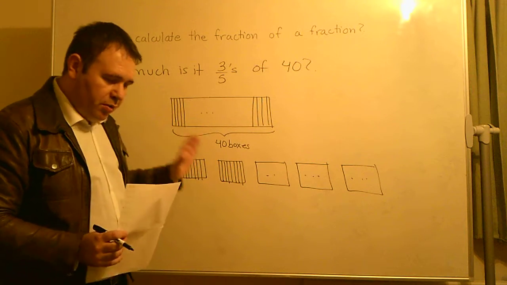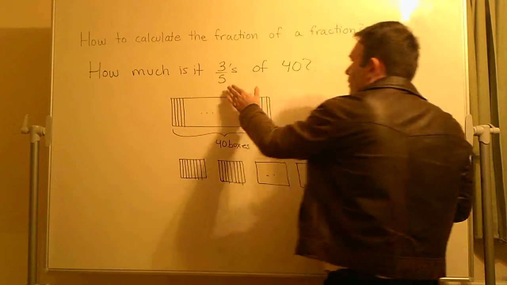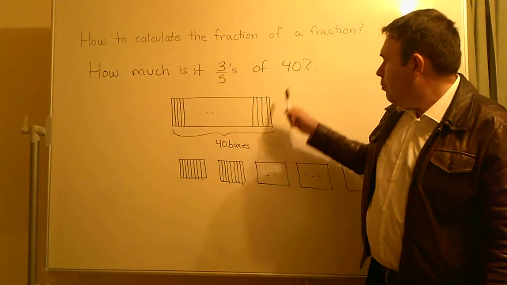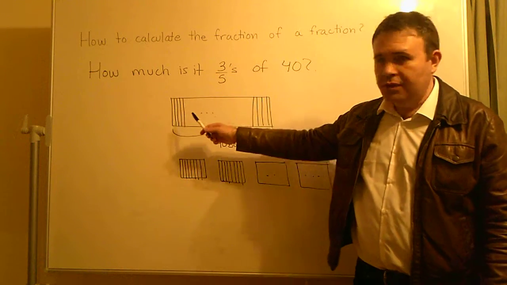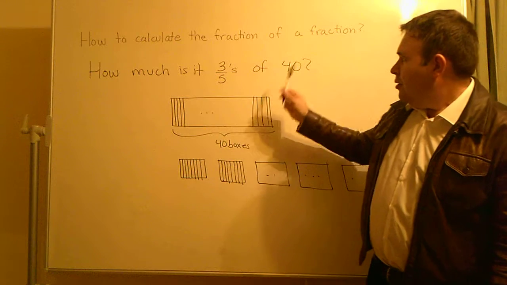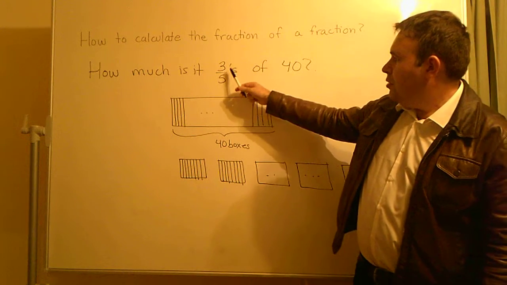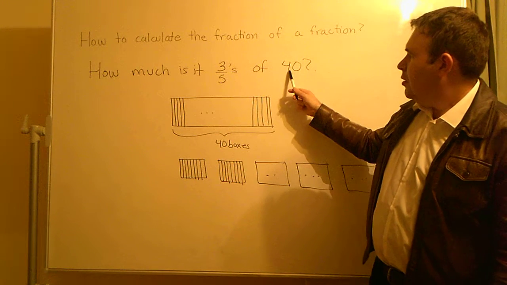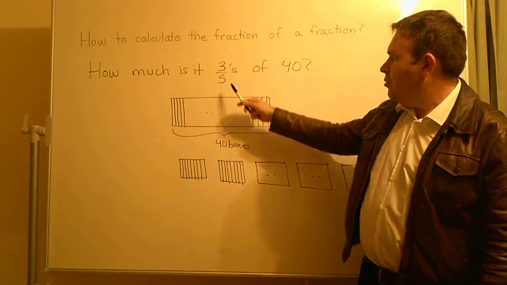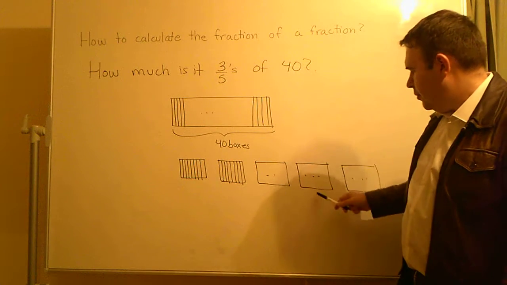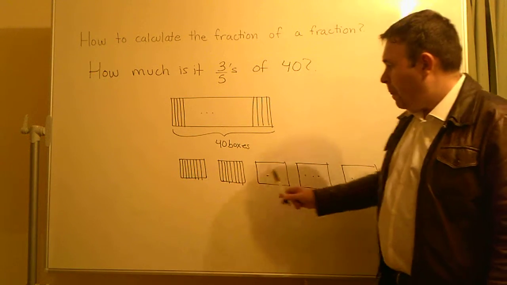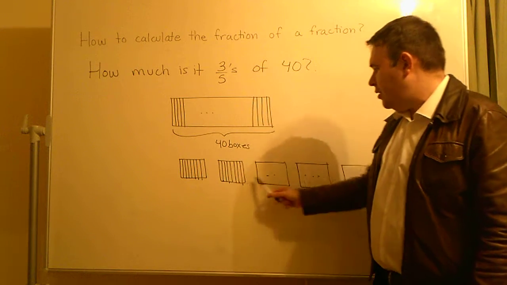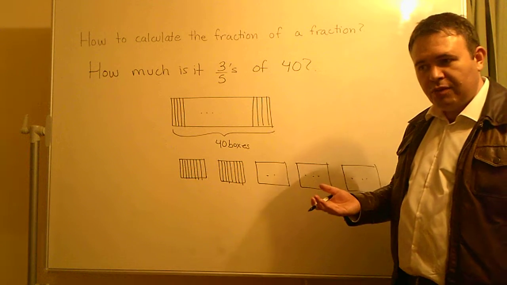So what we are studying is how do we calculate 3/5 of 40, yeah? So we imagine that we have 40 boxes. These might be pizza boxes, that's why they are flat, yeah? So we want to find out how much is 3/5 of 40. So what we do is we take 40 and we divide it into 5 equal parts, yeah? And then obviously if we divide 40 boxes into 5 equal sets, each set is going to have 8 boxes.